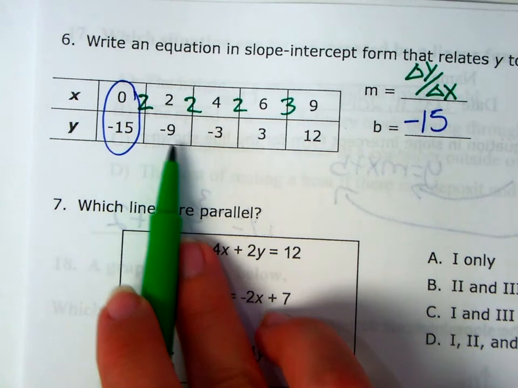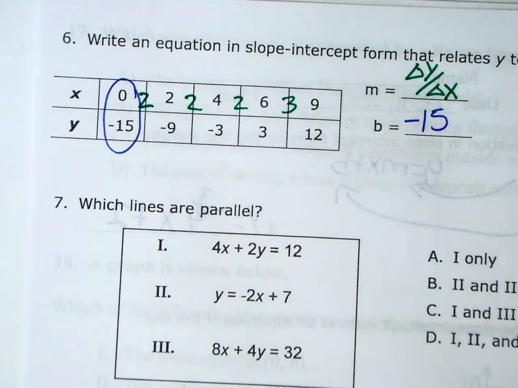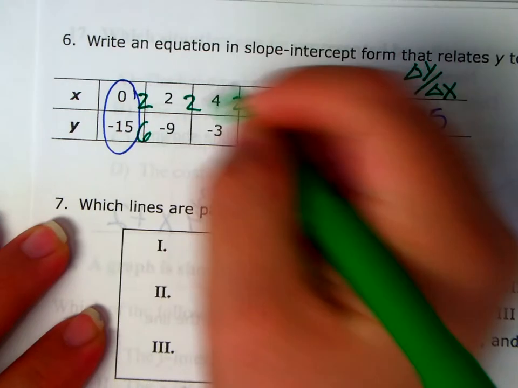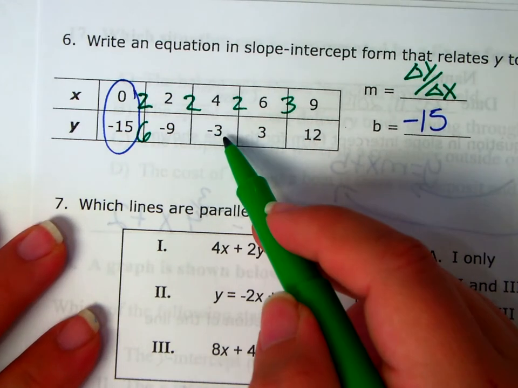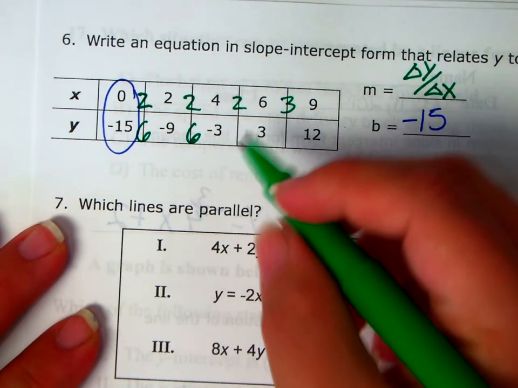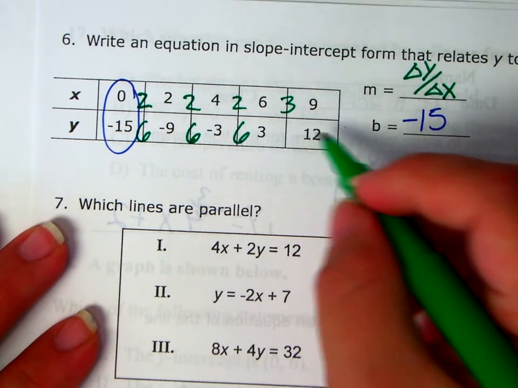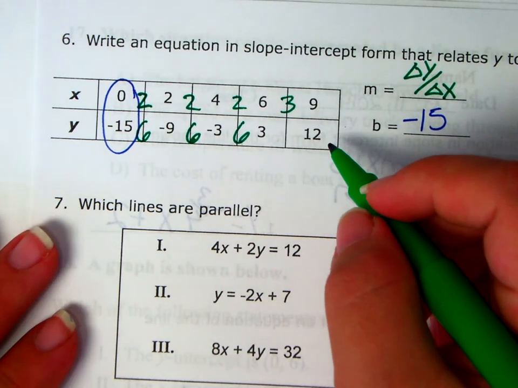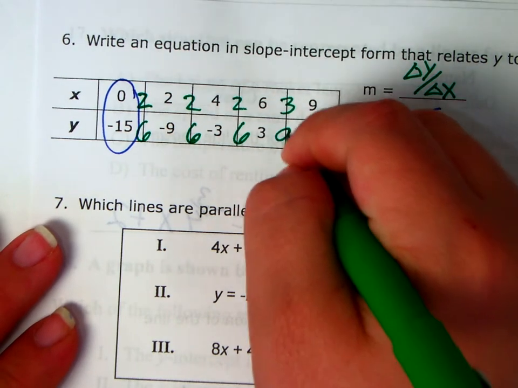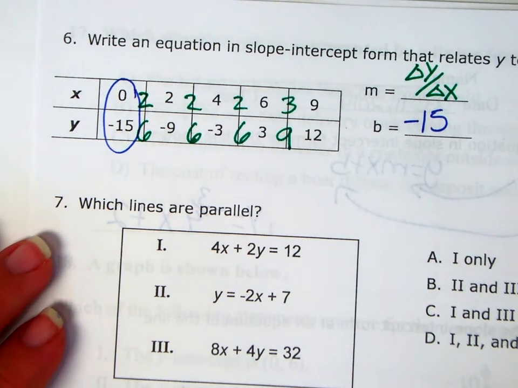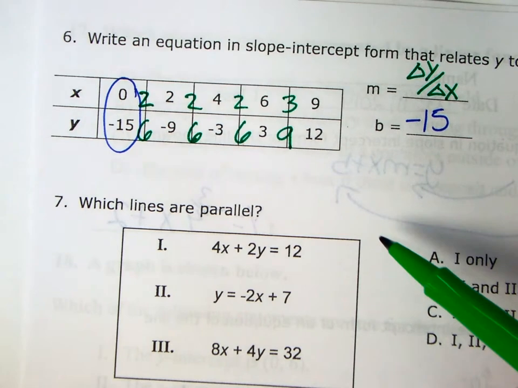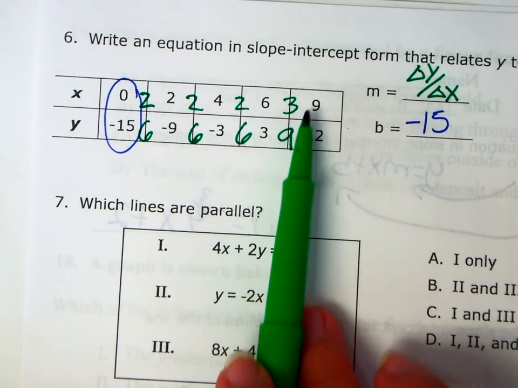Negative 15 to negative 9? 6. Good. Negative 9 to negative 3? Negative 3 to 3? And 3 to 12? 9. Okay. Now, are those numbers the same? No, because of the last one.